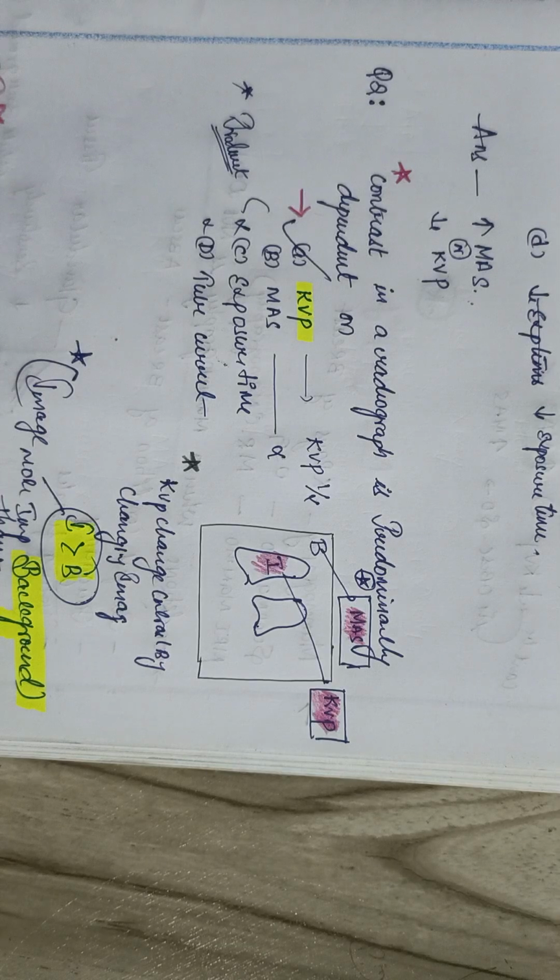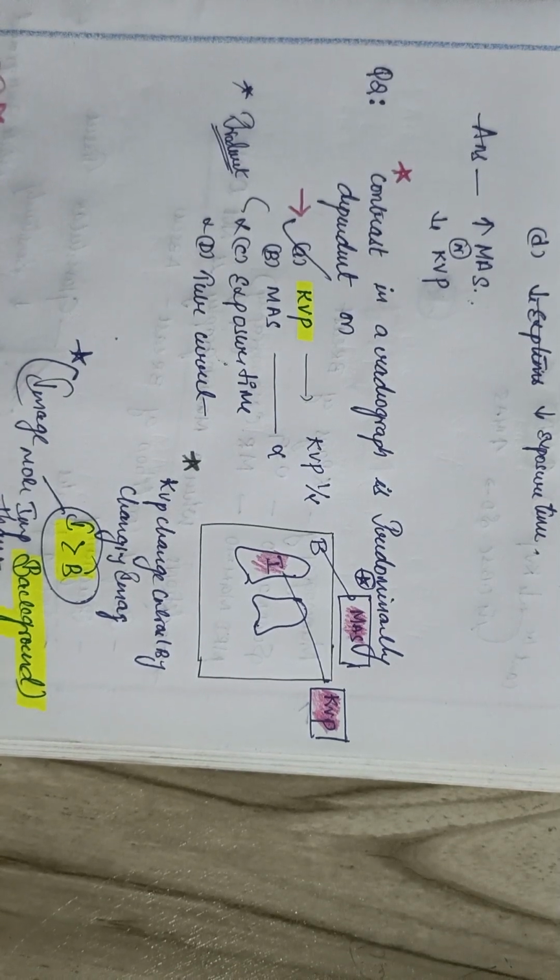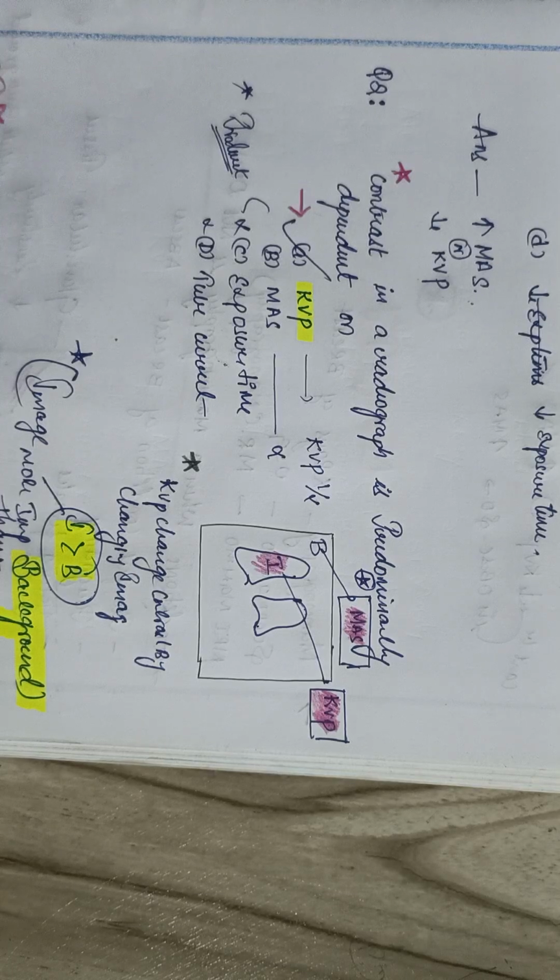The image is more important than the background. So ultimately we need to understand the contrast in a radiograph is predominantly dependent on kVp. Why is it predominantly dependent on kVp? Because kVp changes the contrast by changing the image. The background is the same, only the image changes. So ultimately kVp is the answer.